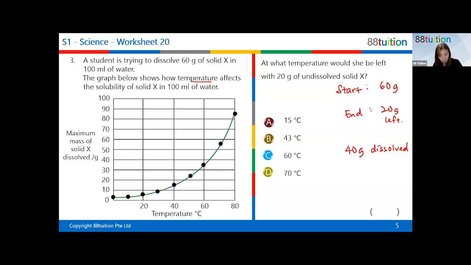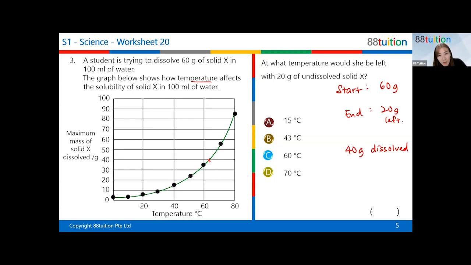Okay. What's the answer? The answer says it's C. Okay. I know why some of you struggle with it. Because if you are going to say, okay, maximum mass, you should be here, right?